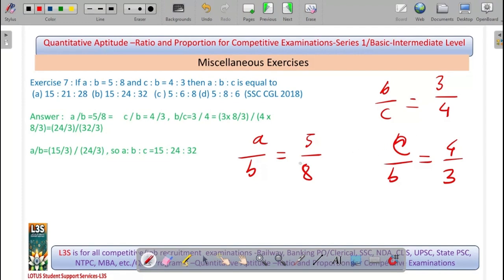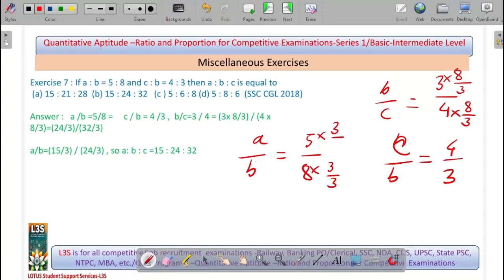Now we will have to make B common to both. To make it 8, we have to multiply 3 by 8, and the same number we have to multiply here, so 4 by 8... Here we have to multiply A by 3.